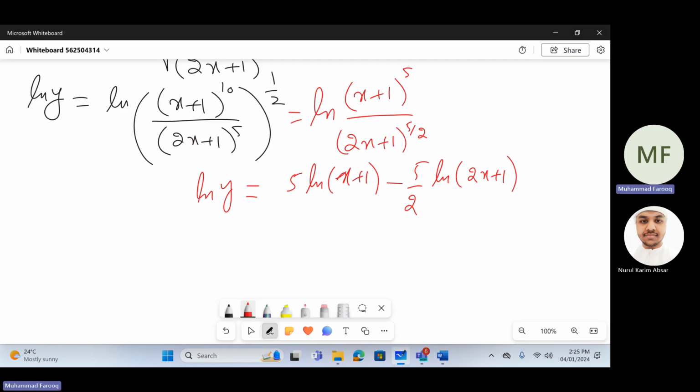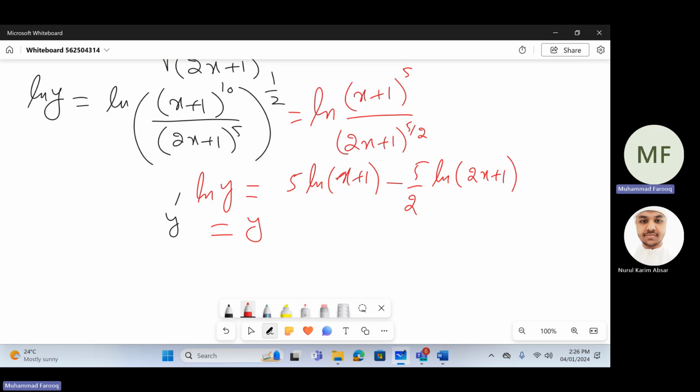Now you can apply the derivative on both sides. It is, as you know very well, 1 over y times y prime. This y you can treat as a product.